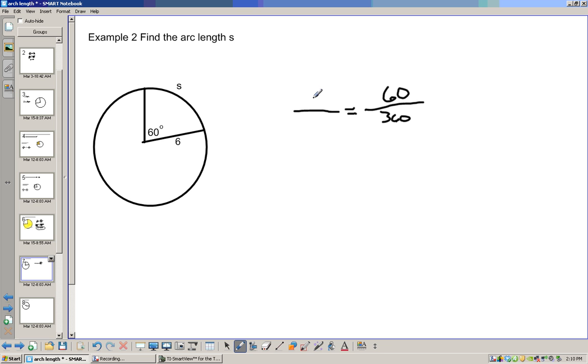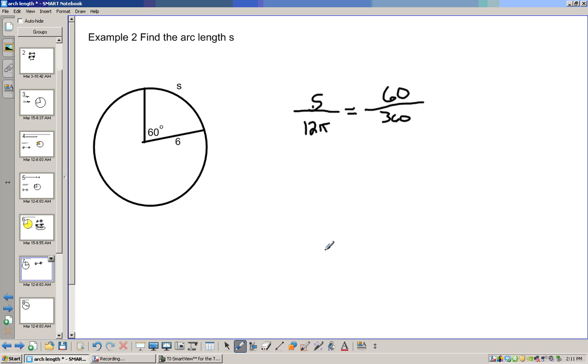We'll call that S, because that's what we're looking for, that length S over. Now remember, the circumference of this whole thing is d pi. And if r right here is 6, d is twice as big as that, so it's 12. So the circumference of the whole thing would be 12 pi.